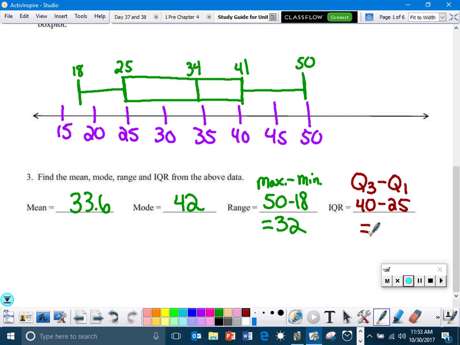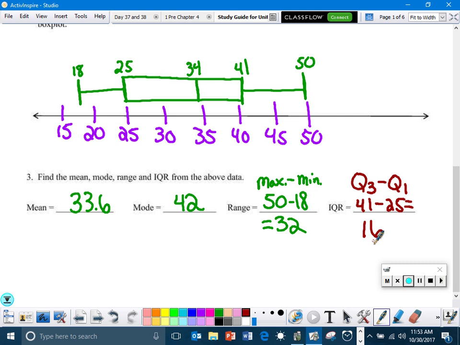And so, therefore, the interquartile range is... Oops, I did that wrong. Let me back up, please. Okay, sorry, it's 41 minus 25, which is 16. Okay, sorry about that. Make sure you get the correct interquartile range.